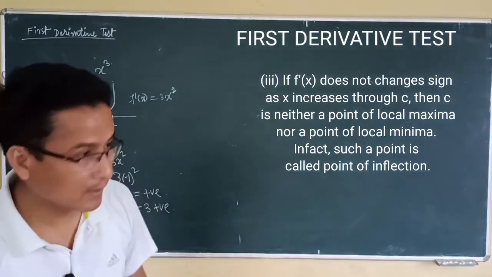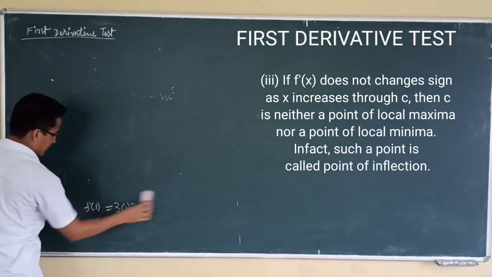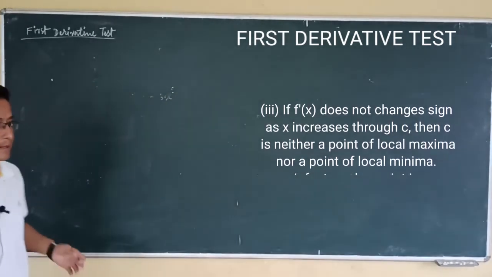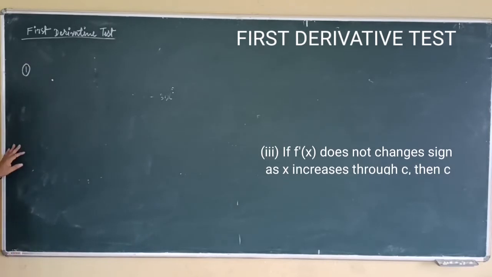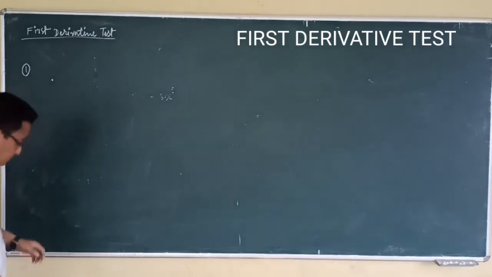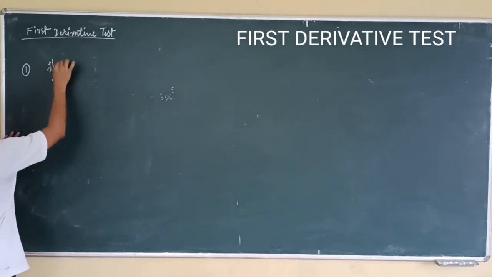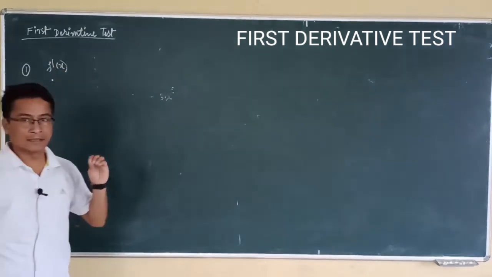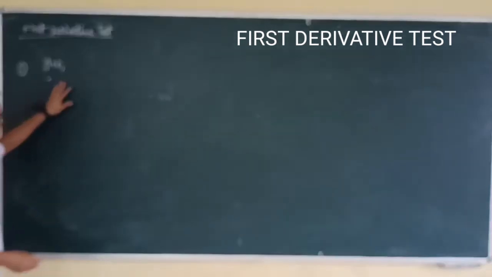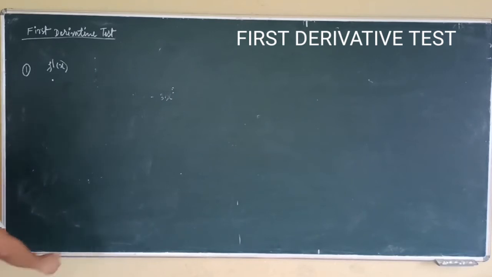So let's see the summary of this first derivative test. For the first derivative test we have three conditions. Number one is, if f dash x changes sign from positive to negative, then we will get the maximum value or local maximum value of a function.